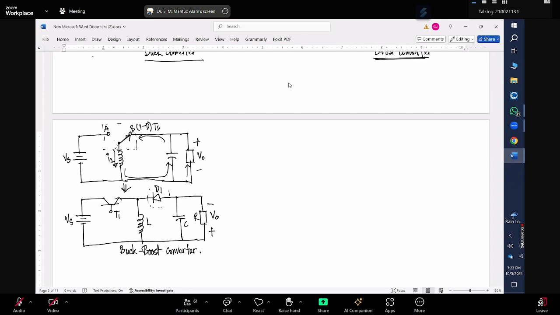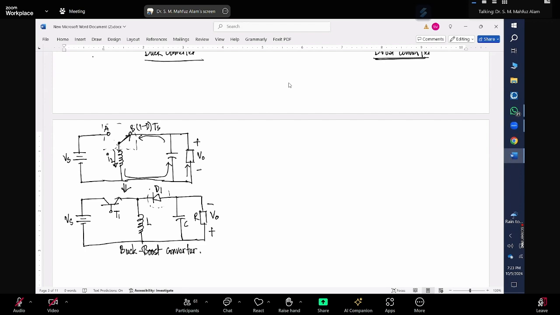So why do we choose the V output reversed as compared to the buck converter or boost converter? Because if you choose the direction of the converter in this direction, we will finally see that your output voltage will be negative.